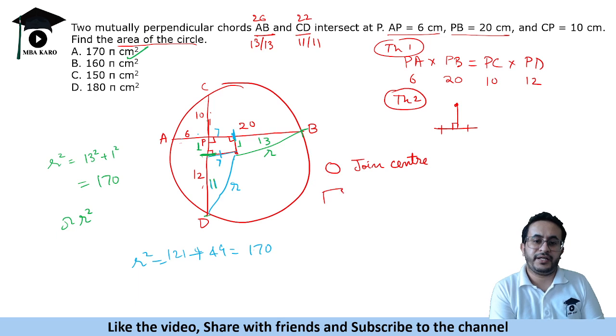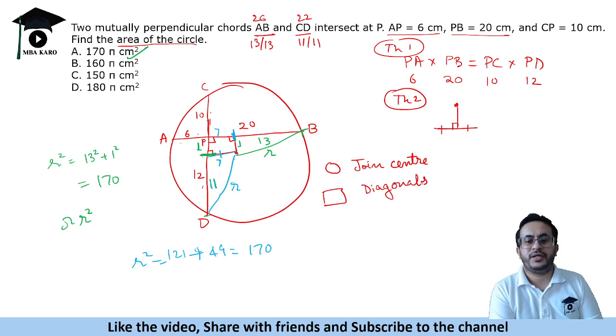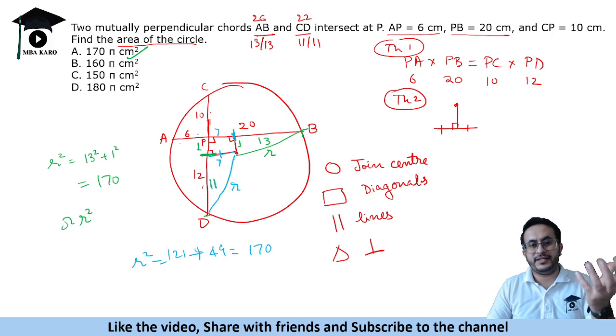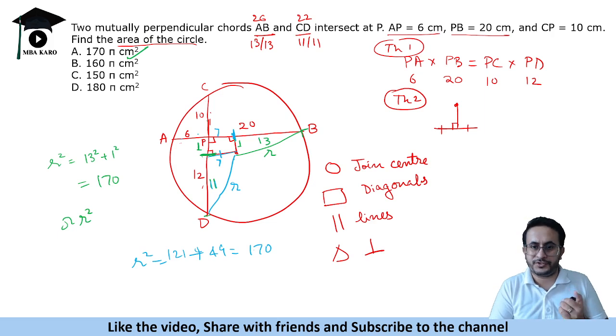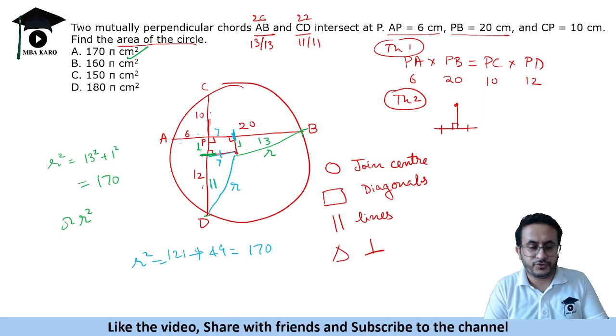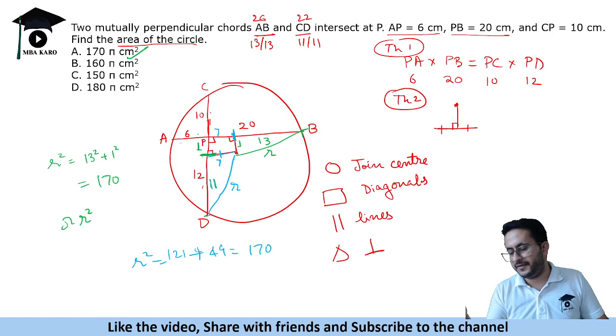In case of a rectangle or square, make diagonals. Sometimes, right? It's not a universal thing. Sometimes you will have to draw parallel lines. In some cases, like in triangles, you will have to draw perpendiculars, etc. That helps us because these are certain universal theorems. Like Pythagoras theorem is quite useful, it has several applications.